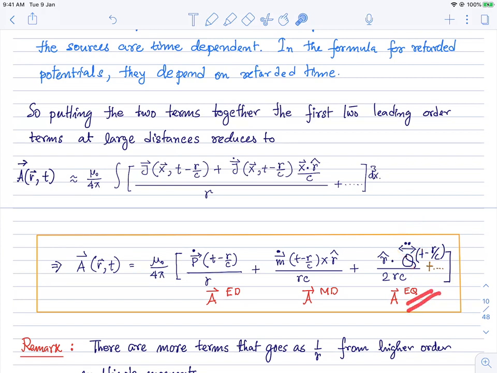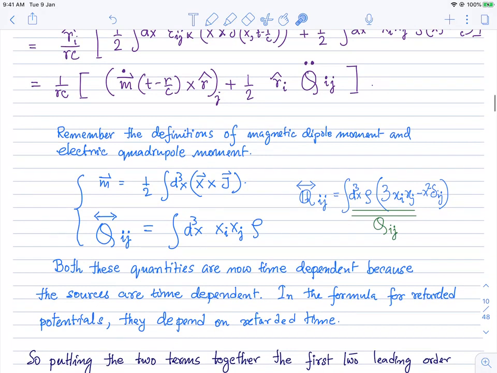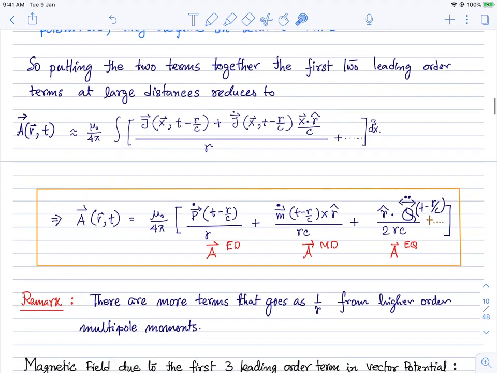I have written this as the electric quadrupole term, and we'll soon see how that is directly related. Please distinguish my notations: here this is a simple Q, and this is more like a script Q, my attempt at writing a script Q. These two things are in general slightly different, because of this additional term. Apart from that, we have these three terms: electric dipole, magnetic dipole, and electric quadrupole.